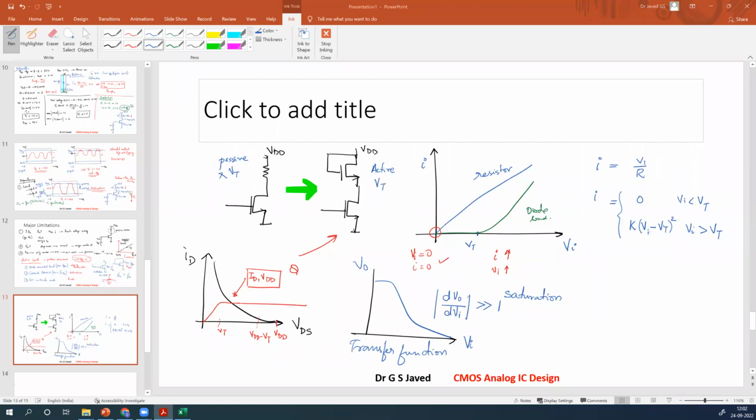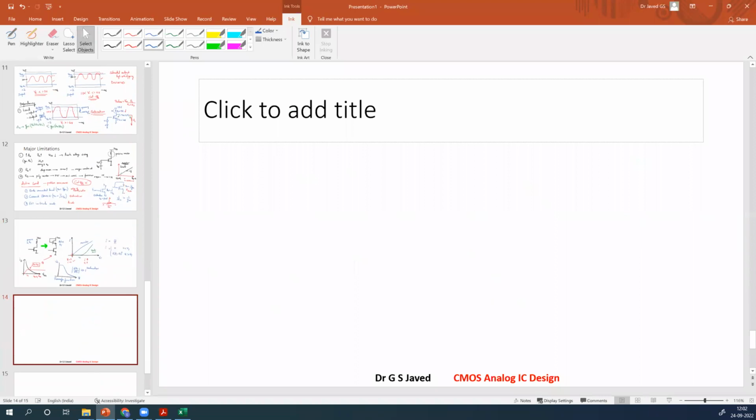Now let us quickly do an example so that whatever we saw today sits down in the head correctly. So I will call this the diode connected load.